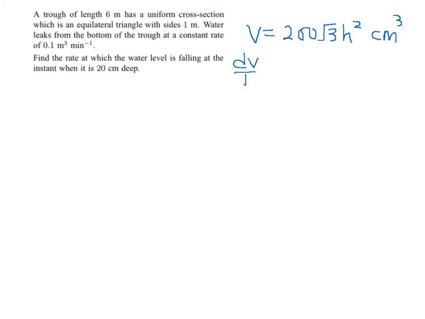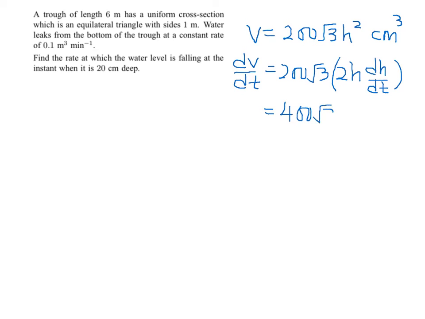And so we have dV/dt equals 200 square root of 3 times, to differentiate h squared, that will be implicitly 2h dh/dt. At the moment I skip the units. Now simplifying this, we end up with 400 square root of 3 h dh/dt.